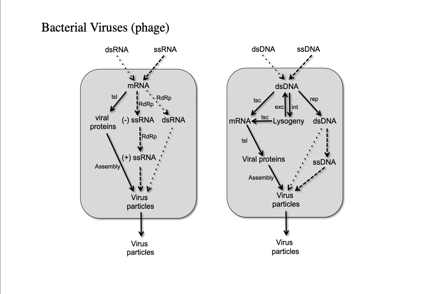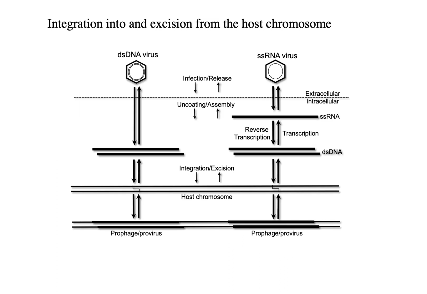And the lytic phase for all the DNA viruses is just to form more virus particles by making viral proteins, replicating their chromosomes, encapsulating those chromosomes, and then lysing the cell. To form a lysogen or to integrate into the chromosome, double-stranded DNA viruses are the easiest to talk about.